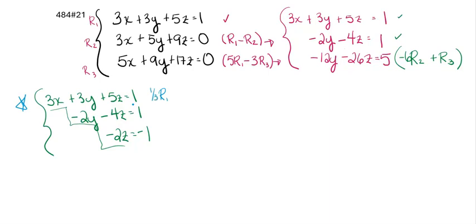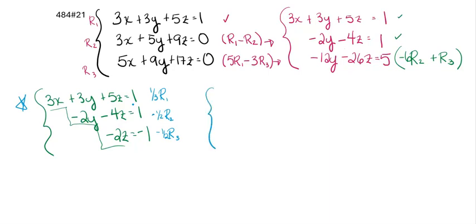And I would have to multiply row 2 by negative 1/2, sorry, because I want it to be a positive 1. And I would also have to multiply row 3 by negative 1/2 in order to get my system into true row echelon form.